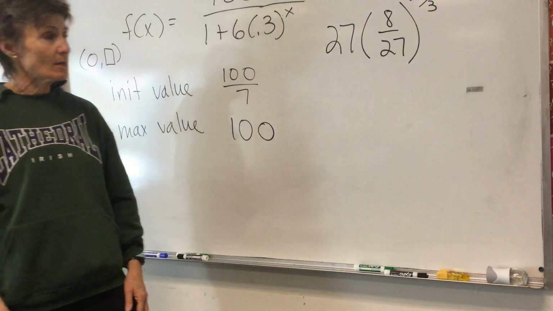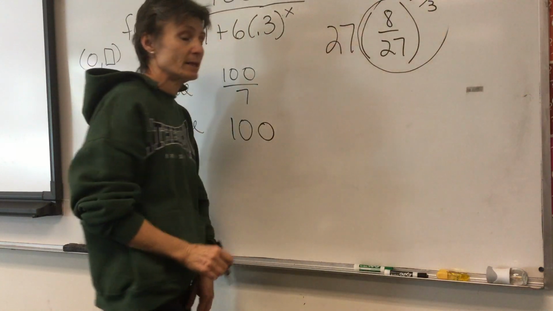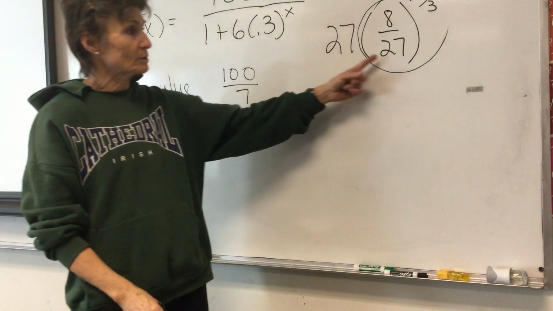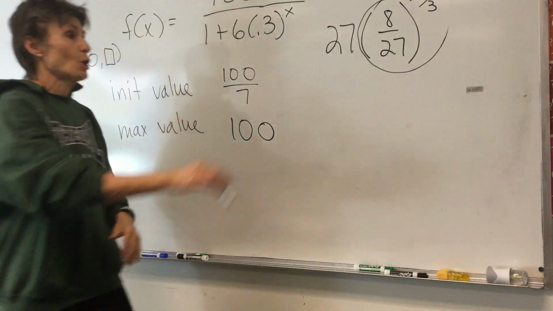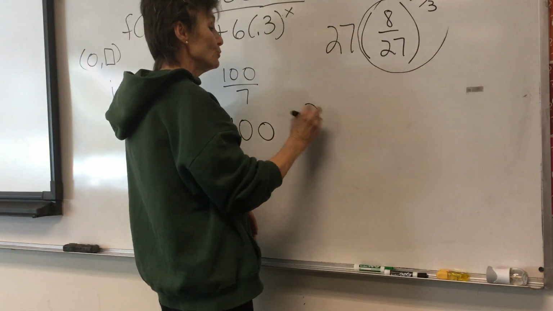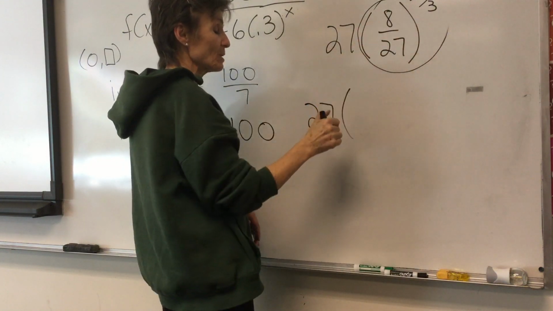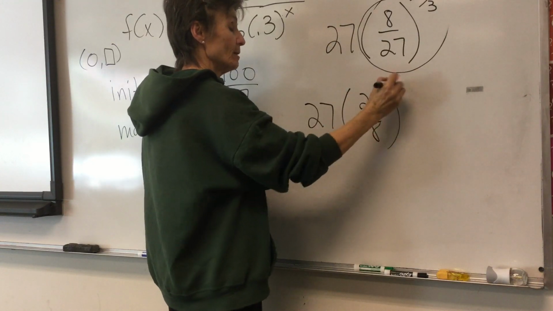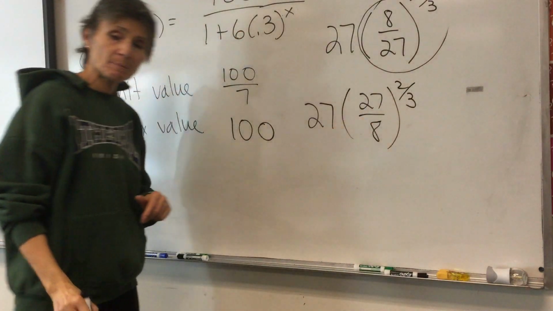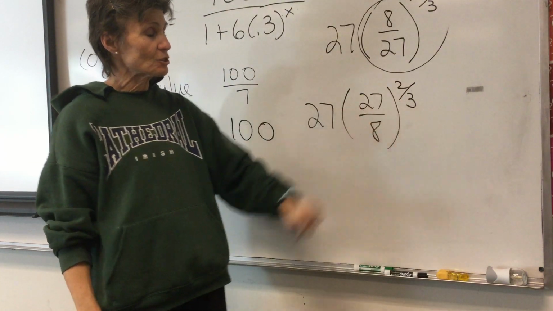So PEMDAS tells me that the first thing I need to do is take care of the exponent. I am not going to multiply. I am going to take care of the exponent. So what does that negative exponent do to my fraction? Flips it. Yep, thank you so much. Now it does not flip the exponent. It only flips the base here. That stays 2/3.